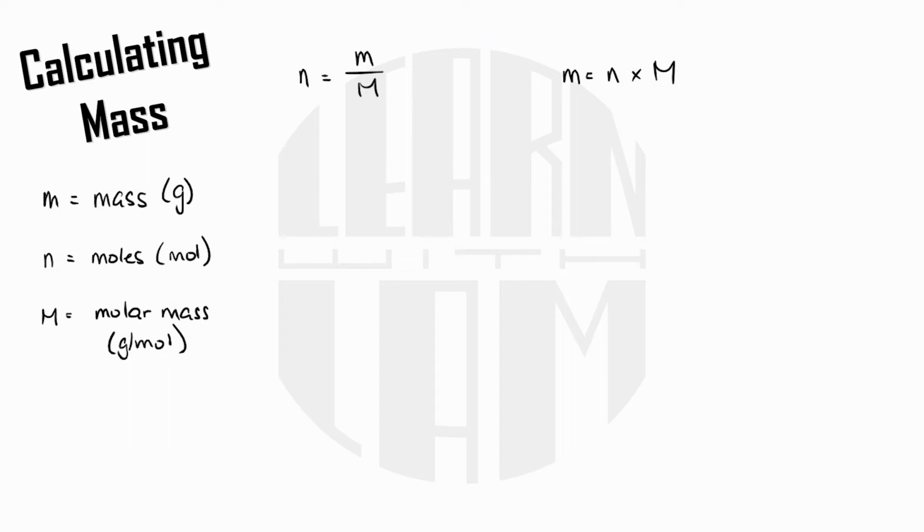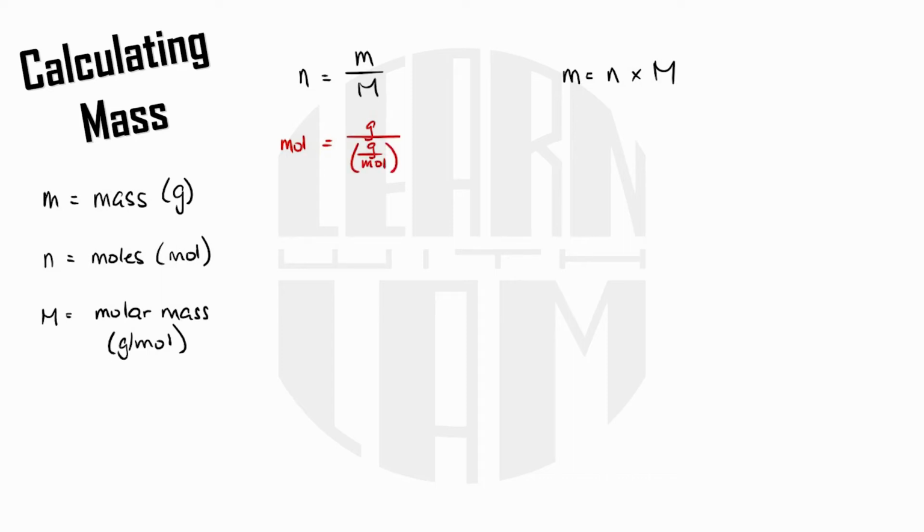Units are super helpful here if you need to memorize the equations. We can use unit analysis to save us a bit of trouble. Let's just take the first equation for example, and you'll see that if we replace each variable with its unit, the units cancel out such that they equate. Here's what I mean. Instead of writing little n equals little m over big M, we can replace it with mole equals gram divided by grams per mole.